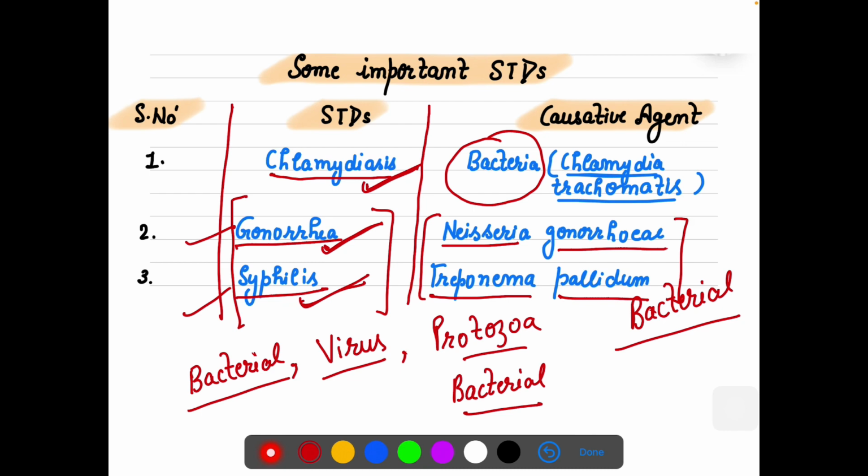So gonorrhea, Neisseria gonorrhoeae, and syphilis, Treponema pallidum. Those are the most common ones I have taken for you. Chlamydiasis is caused by Chlamydia trachomatis. These three are those sexually transmitted diseases जिनमें causative organism क्या है, cause करने वाला organism क्या है, it is the bacteria: chlamydiasis, gonorrhea and syphilis.